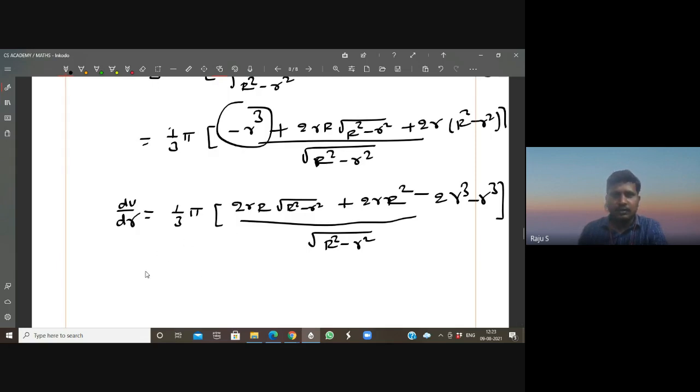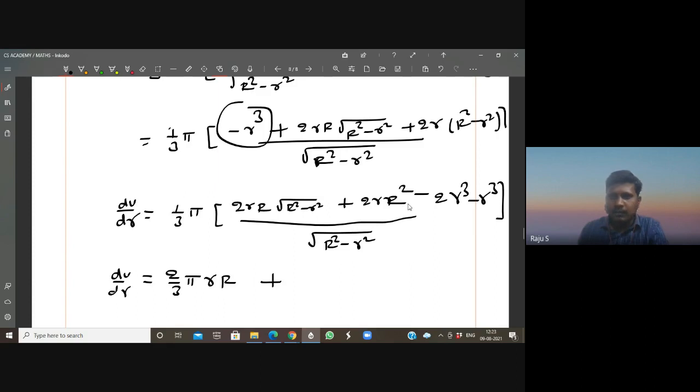So dv by dr is equal to, when I multiply here and write it separately, this gets cancelled, 2 by 3 pi r capital R. Okay, students.